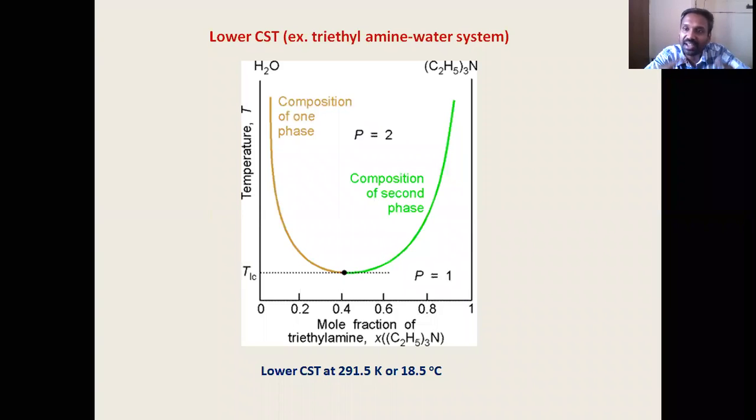Because of hydrogen bonding, triethylamine and water are mixing with each other. Now, due to increase in temperature, you are weakening the hydrogen bonding, which is responsible for solubility. So you are disfavoring solubility. Therefore, in some systems like triethylamine and water, the solubility decreases as you increase the temperature. This is not the universal trend.